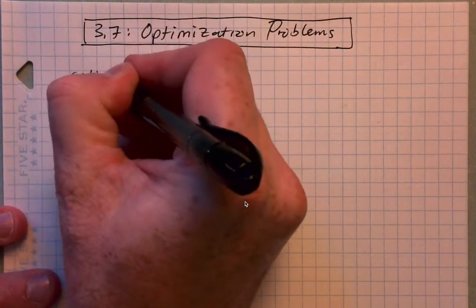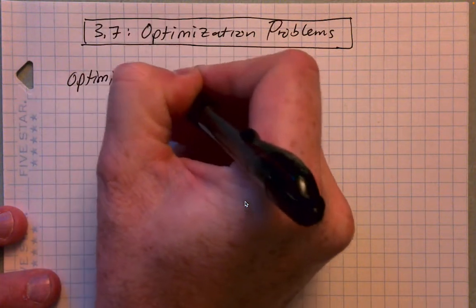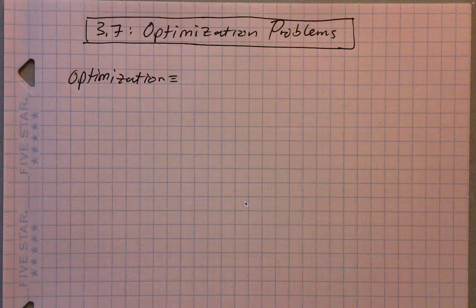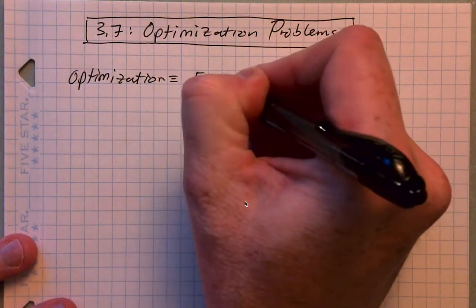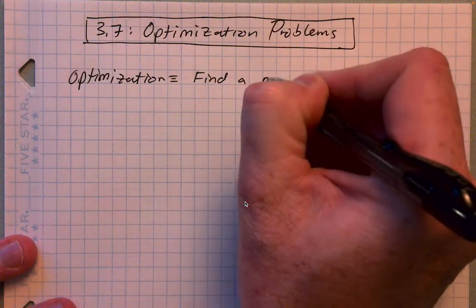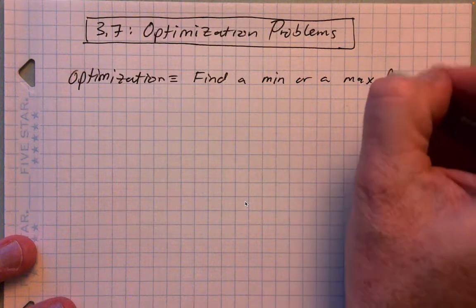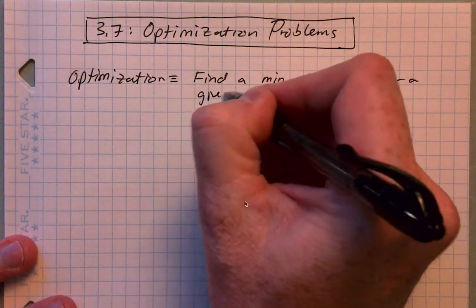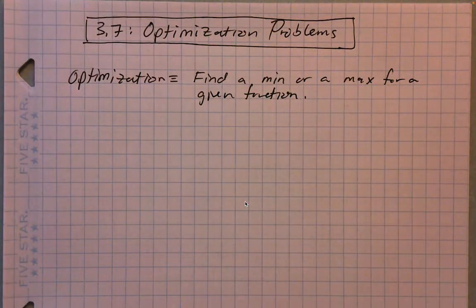So optimization can, of course, mean a lot of things, but in the context of Calculus 1 and the context of differentiation-based optimization problems, a lot of times what that means is find a minimum or a max for a given function. Okay, so find a minimum or a maximum for a given function. That's what a lot of these are going to boil down to.